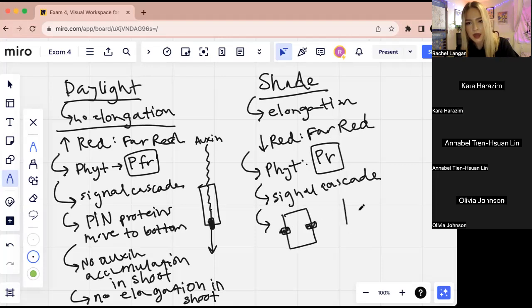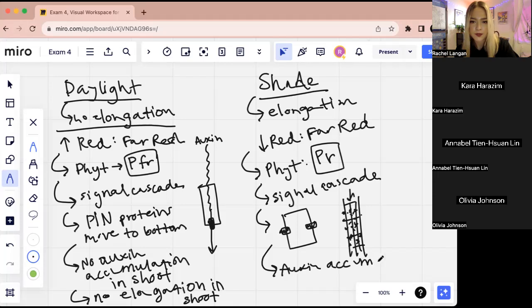And if you have a big stem with a bunch of shoot cells and all of their pin proteins are on the side, but not the bottoms, then when auxin comes in, auxin's going to tend to accumulate in the shoots. So we get auxin accumulation in shoots.